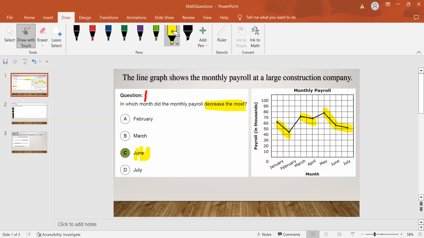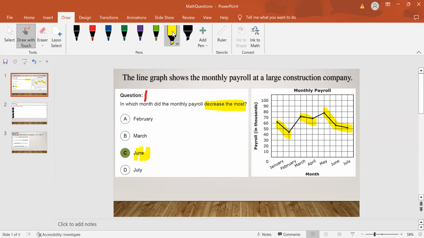So in 4 different parts, the graph is going down. But they want to know in which part or in which section or interval this graph goes down the most. The largest value the graph decreases, that's what they want to know.